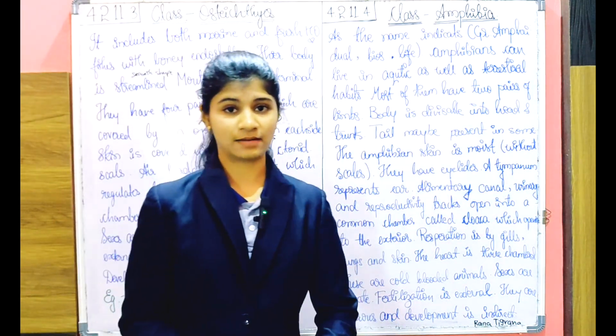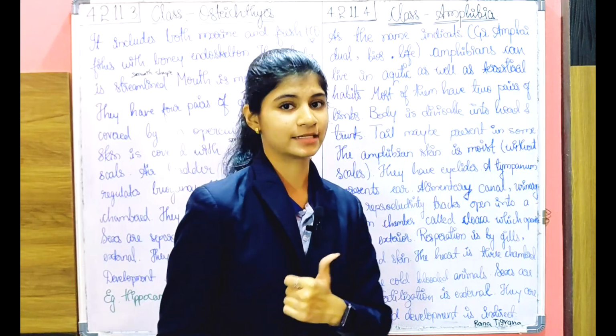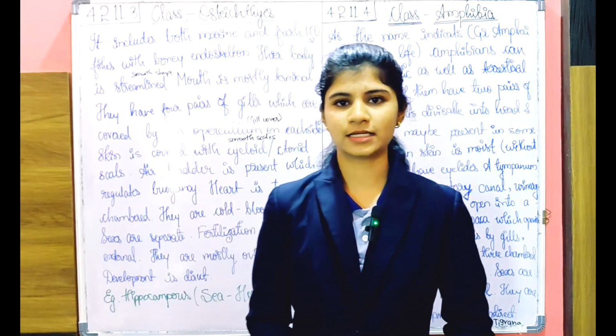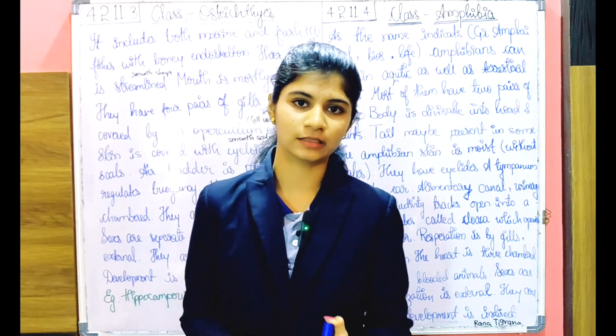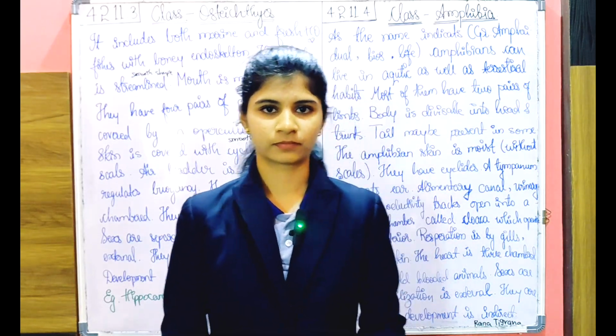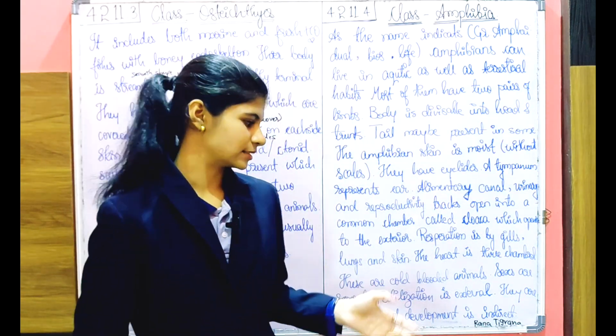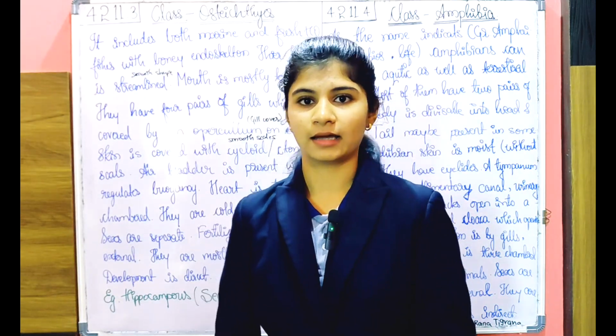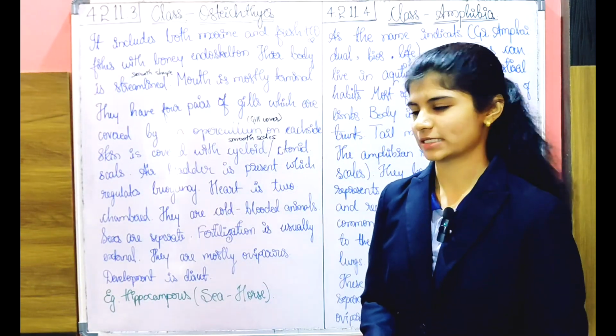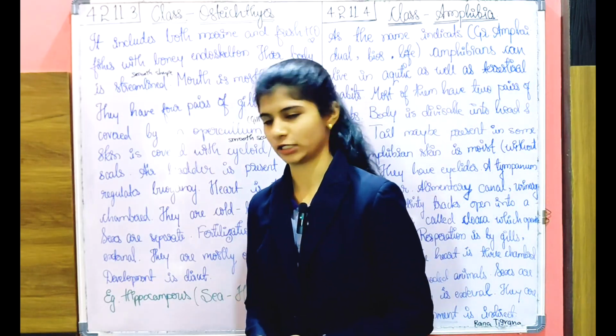The best example for this class Amphibia is Rana tigrina, the frog which you get mostly in India. It is very famous, and many other examples are there which you can see on NCERT page number 48.